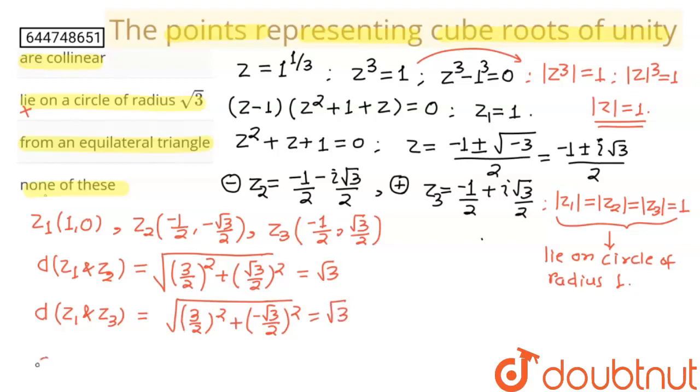Now I am going to find the distance between z2 and z3. Here minus 1 by 2 minus minus 1 by 2 will become 0 squared, plus minus root 3 by 2 minus root 3 by 2, which will become minus 2 root 3 by 2, whole squared. The 2 will get cancelled out. Minus root 3 squared will become 3. 0 plus 3 will become root 3.